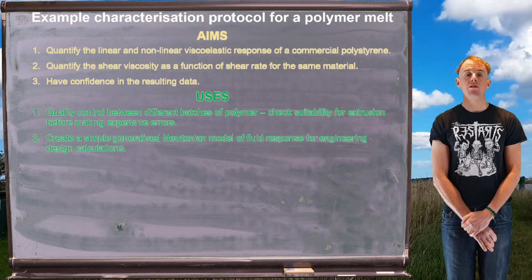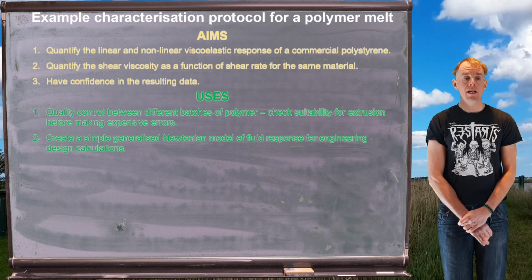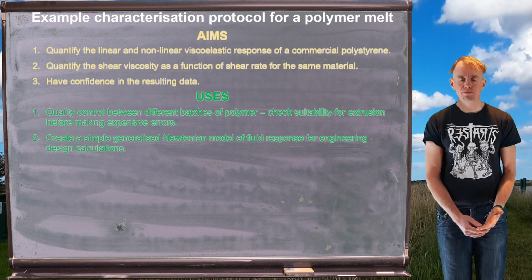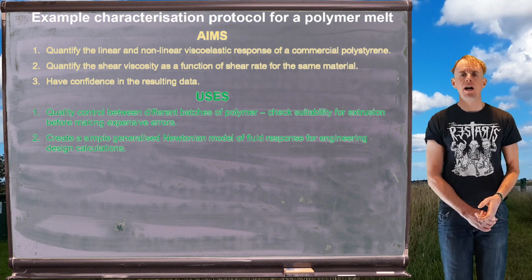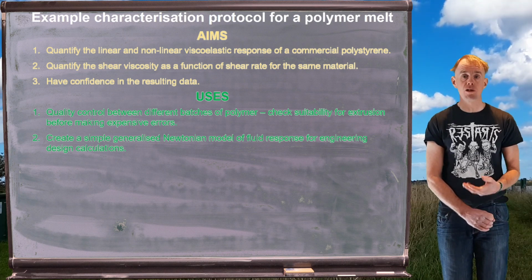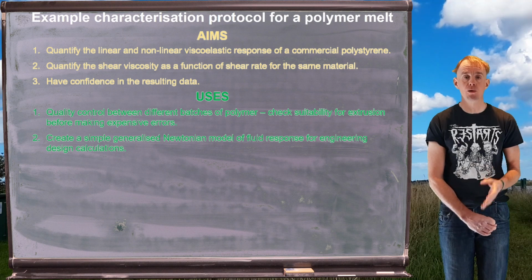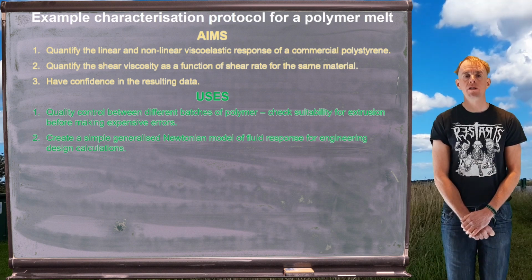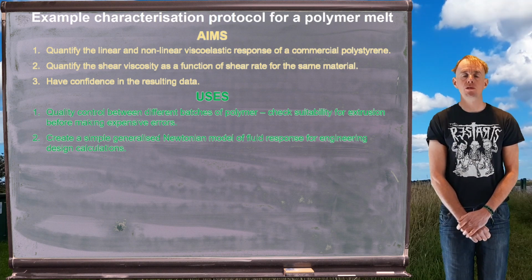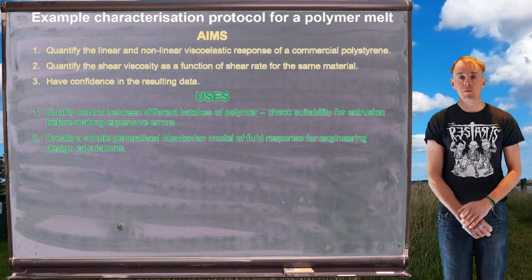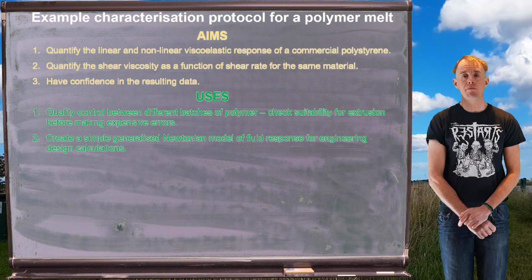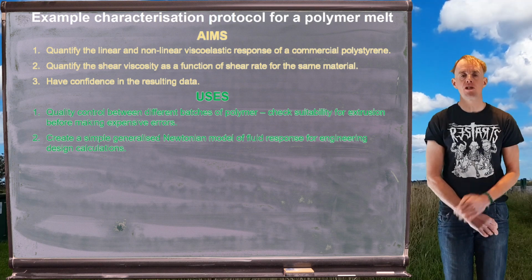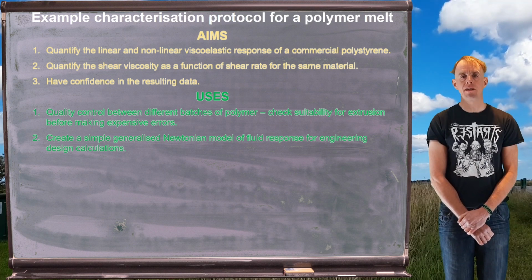So a second use we may put these data to is for engineering calculation. Now, full viscoelastic calculations for engineering flows are challenging. They're certainly possible using computational methods. There's a lot of modern computational tools that one can get hold of now to allow you to do this, but they're very time consuming, they're very computationally expensive, and they may yield more information than what you actually need to try and complete the task that you're doing.